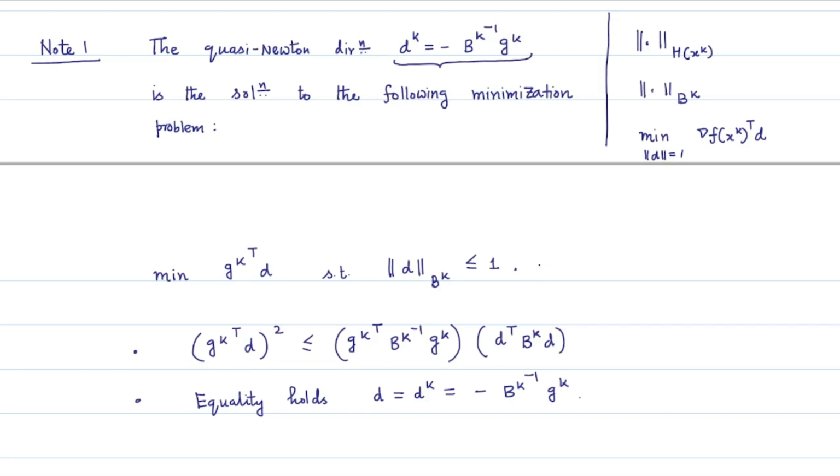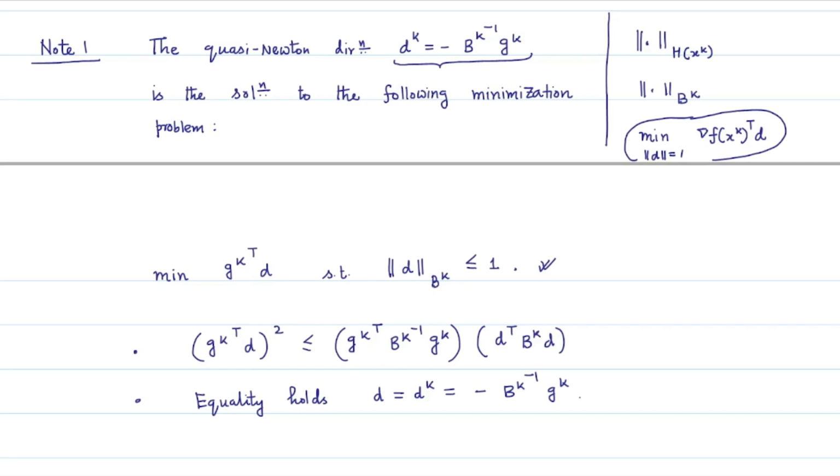Therefore this dk is a solution to this minimization problem, which is similar to the minimization problem in finding the steepest descent direction, and hence the quasi-Newton direction is called the steepest descent direction with respect to the ellipsoidal norm, this norm bk.